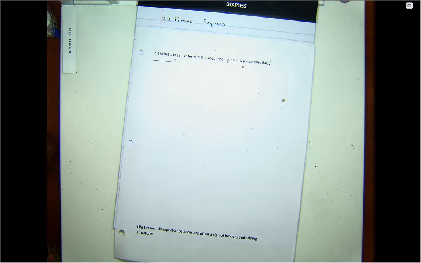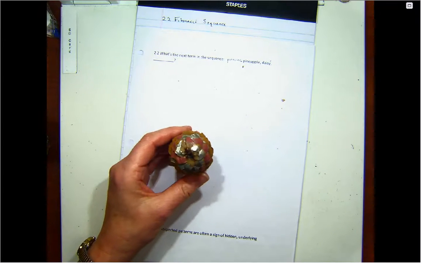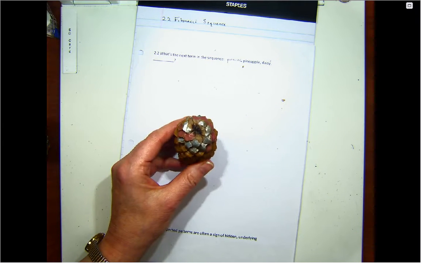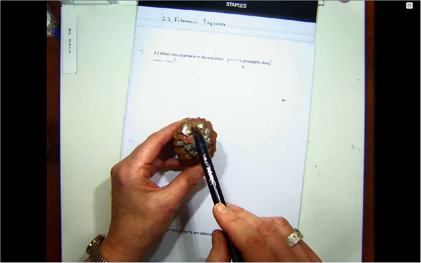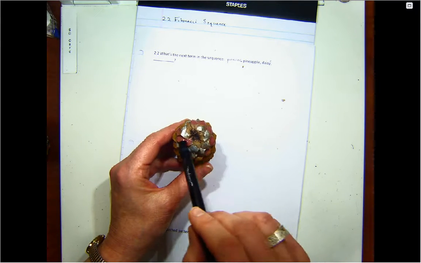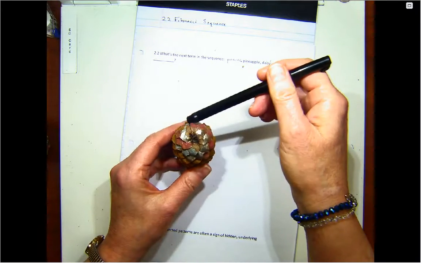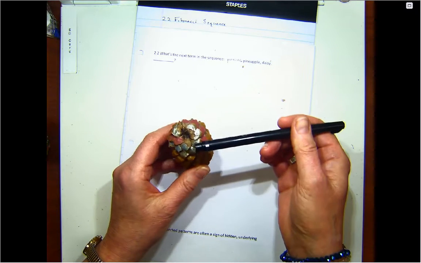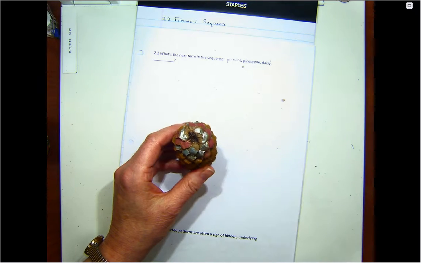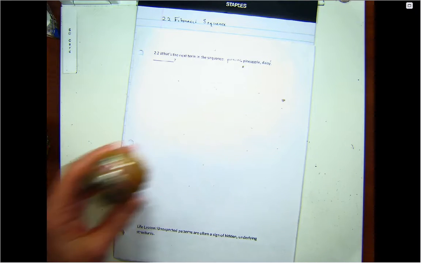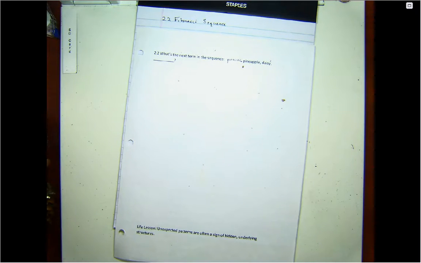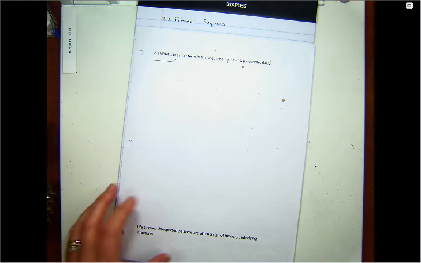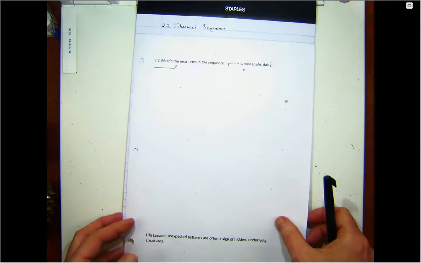Going clockwise, I've marked this one too, but some of the silver flaked off. We have 1 row of silver, 1 row of brown, 2nd row of silver, 2nd row of brown, 3rd row of silver, and then we're back to the first. So 5 on that one. You have 5 going clockwise and 8 going counterclockwise on your pine cones.